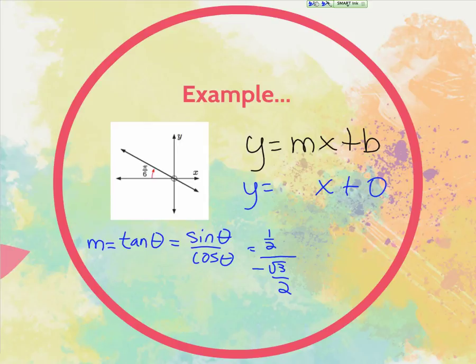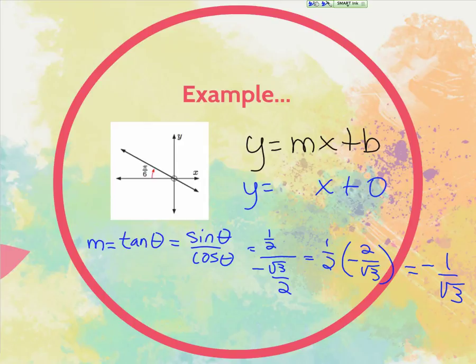Then we can multiply by the reciprocal. So I have 1/2 times negative 2 over root 3. So I end up with negative 1 over root 3. And you can leave it that way. You don't have to rationalize it.